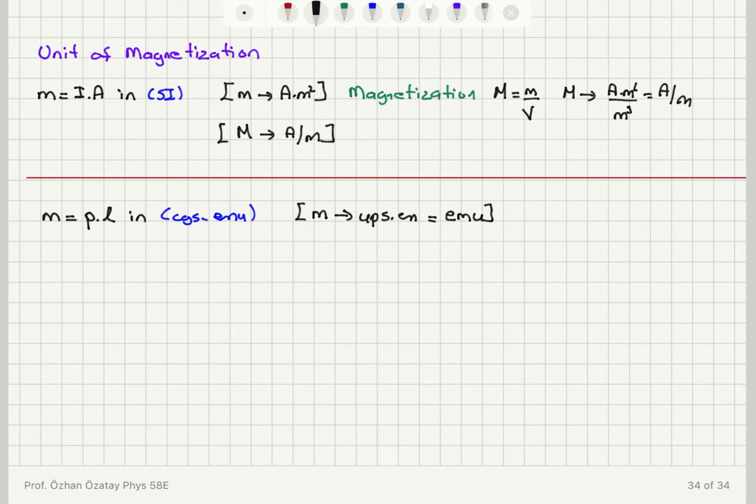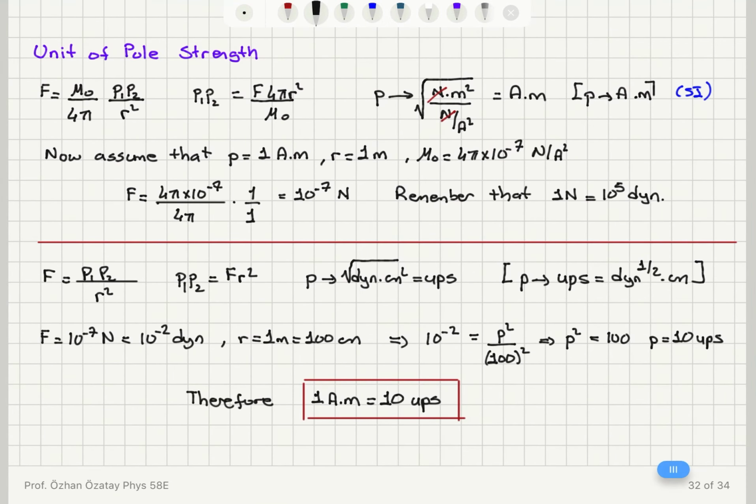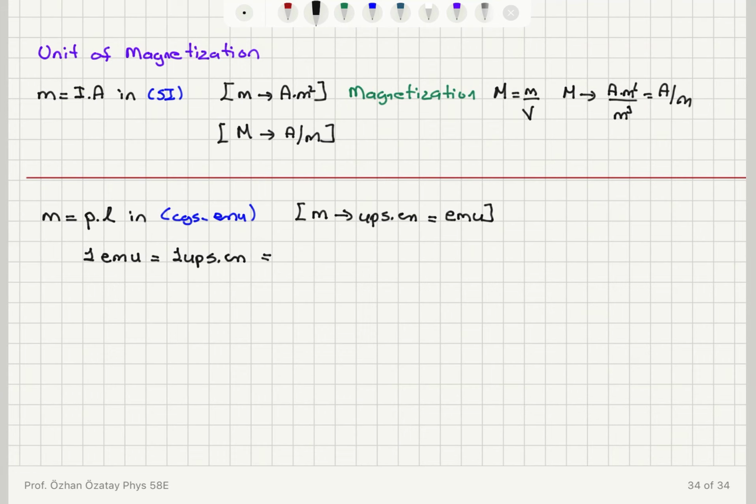Now 1 EMU is 1 unit pole strength centimeter, and 1 unit pole strength is 10 to minus 1 ampere meter. So this is 10 to minus 1 ampere meter. 1 centimeter is 10 to minus 2 meter.